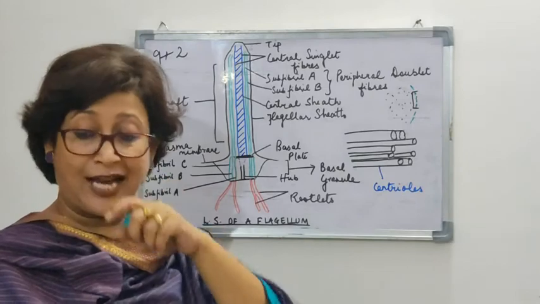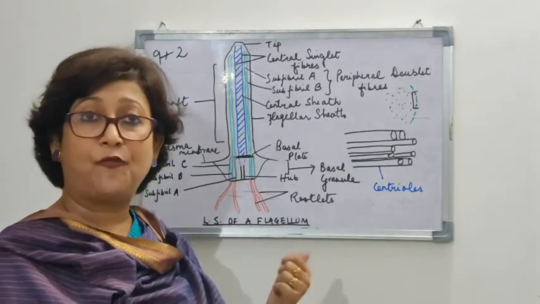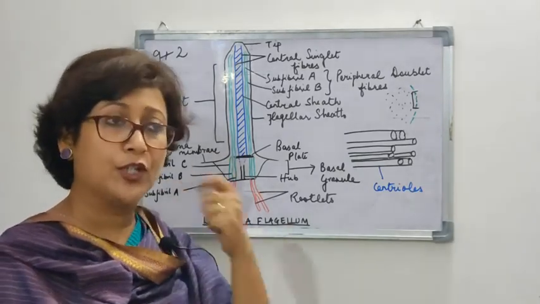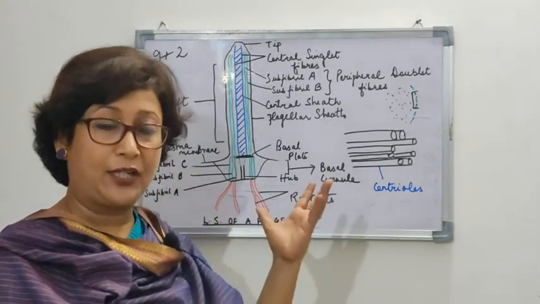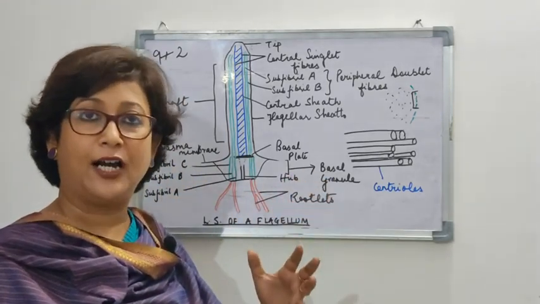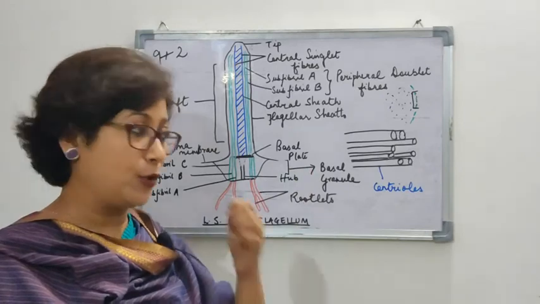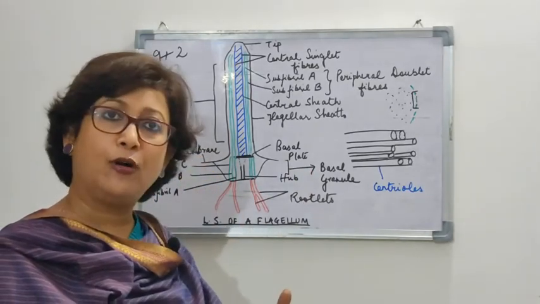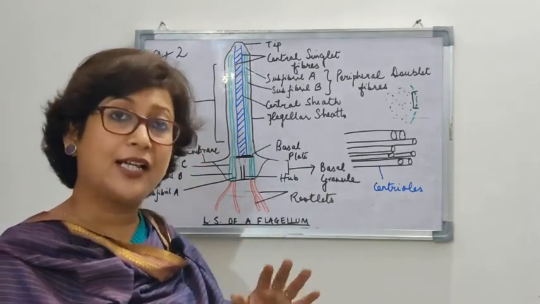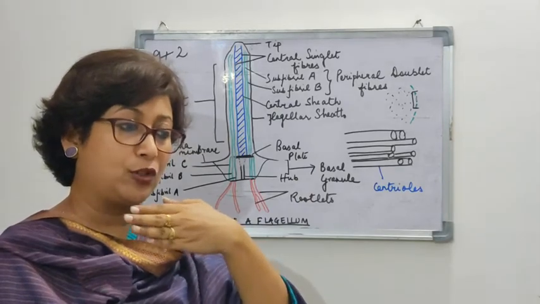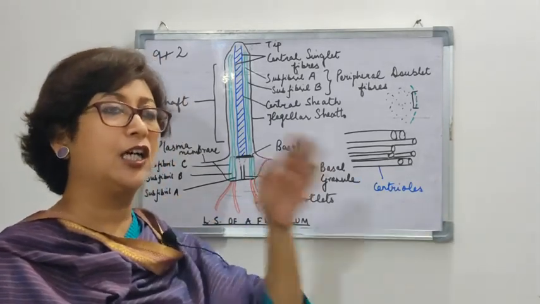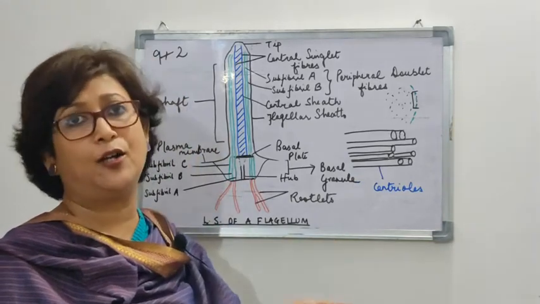Now the function, as we know, is locomotion. The flagellum and the cilia are motile, their function is locomotion, and if it is not locomotion, then they are present in many cells which throw away certain particles that are not required.